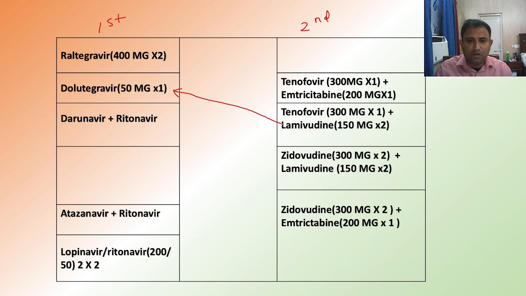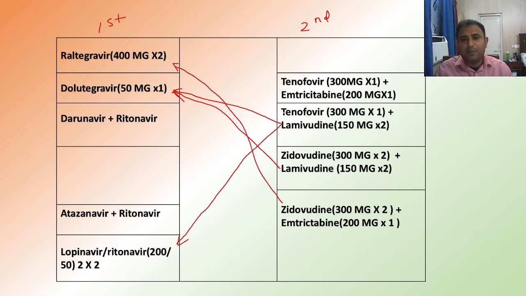You can give tenofovir plus lamivudine plus a lopinavir ritonavir boosted regimen. So this becomes a second combination. In the same way, you can use zidovudine lamivudine plus dolutegravir, or zidovudine emtricitabine plus raltegravir. So these are the various permutations and combinations you can do depending upon the availability of the medicine.